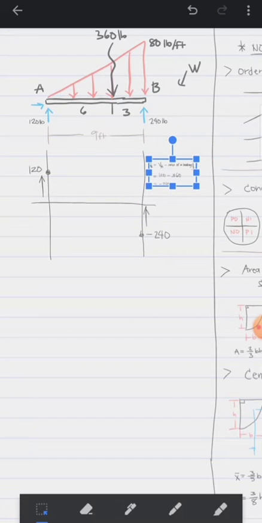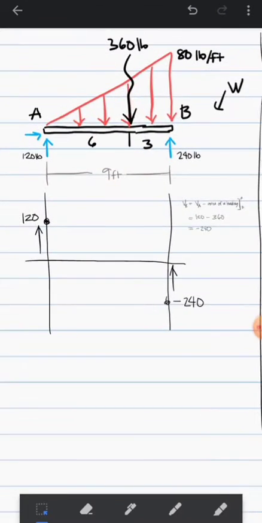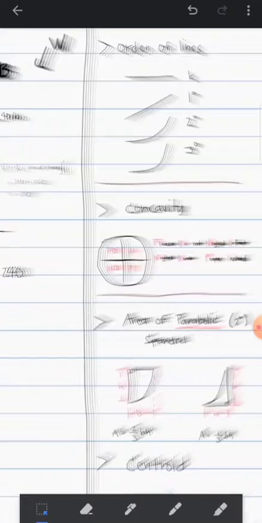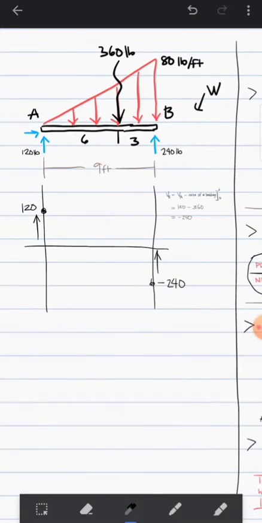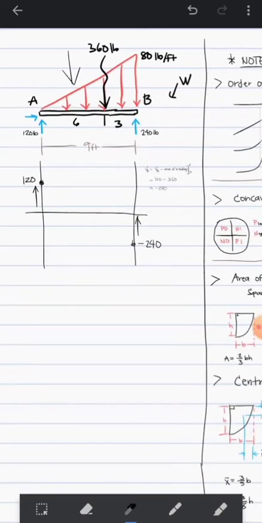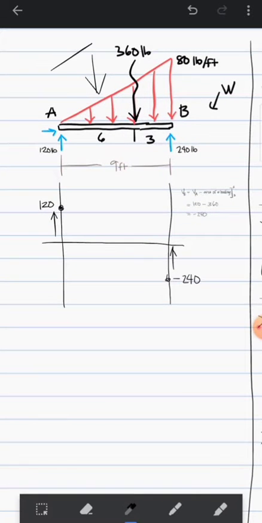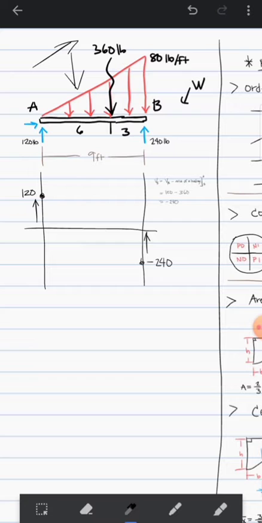Now the shape. We can now use concavity. Since our load here is going down, we will have a negative load, with a negative sign because it is downwards. And since the triangle from left to right is increasing from A towards B, we will use NI, which is negative increasing.